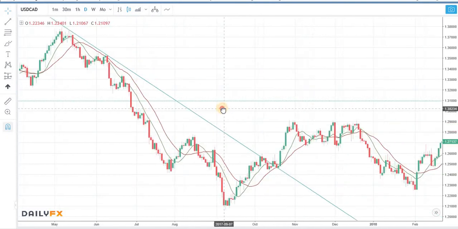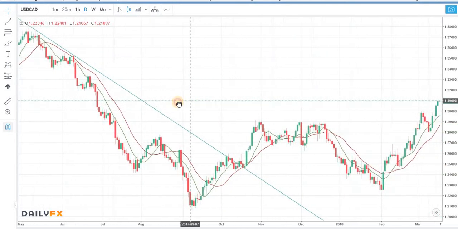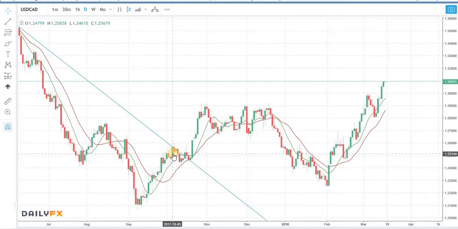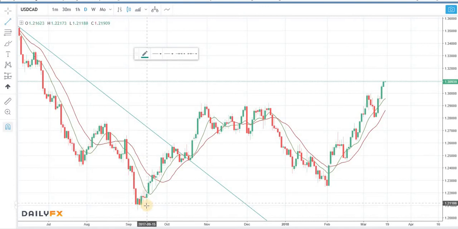Now, this is, like I said before, a pretty simple setup here, all right? And then you can look for when price crosses over. You come in, you set up another trend line.